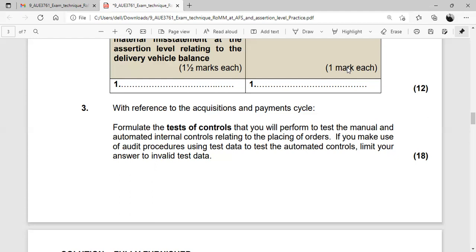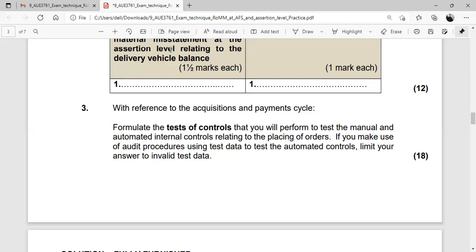Now, coming back to the objectives of the test of controls, the objective is to make a conclusion on validity, accuracy, and completeness. Do you guys get what I'm saying? Yes.